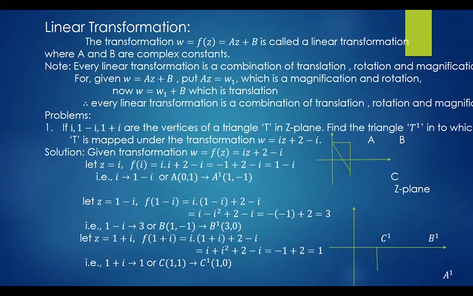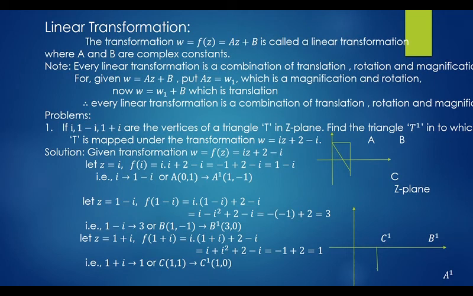How does it happen? Take the linear transformation as W equals Az plus b. Substitute Az as W1, which is the magnification and rotation. In the earlier definition, we have seen that magnification and rotation is the transformation W equals f of z equals a into z, where a is a complex constant.